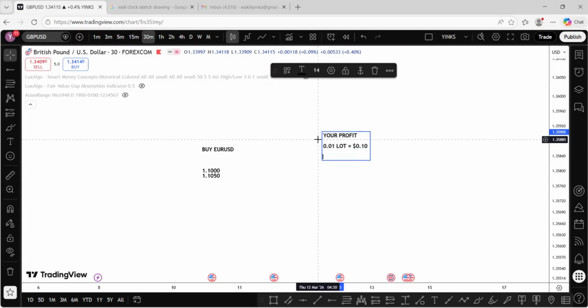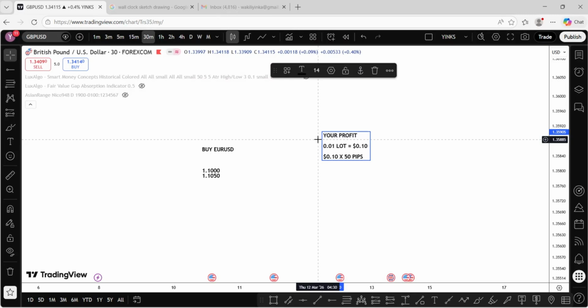So how do you know the total amount you have made on this trade? All you have to do is take your 10 cents, 0.10 times the 50 pips the price has moved. Let me put the sign here so you know that this is the amount price is moving per pip. Now, 0.10 times the 50 pips move will give you how much?